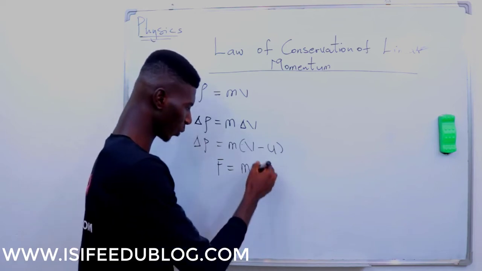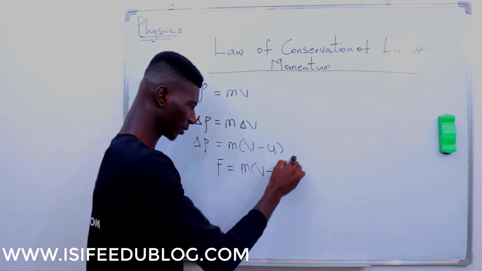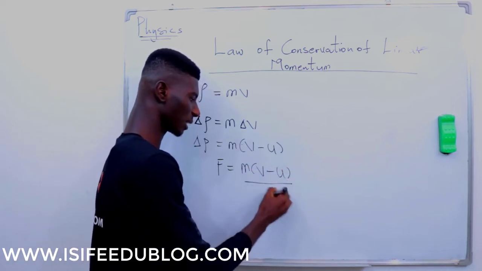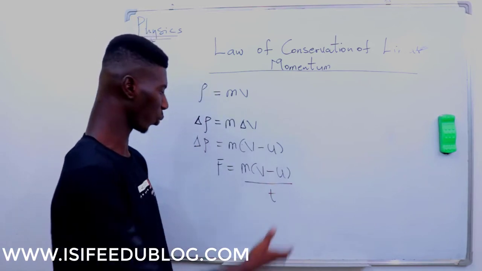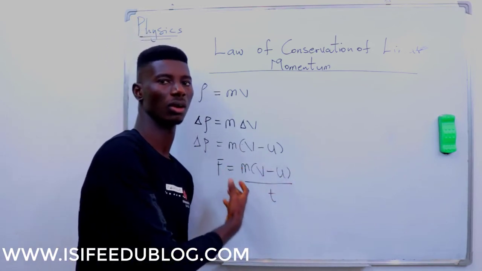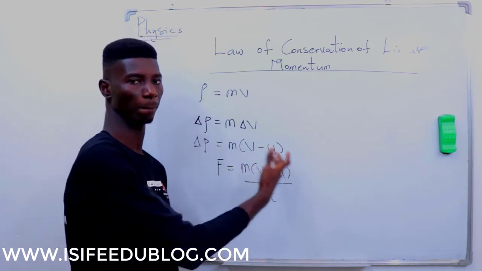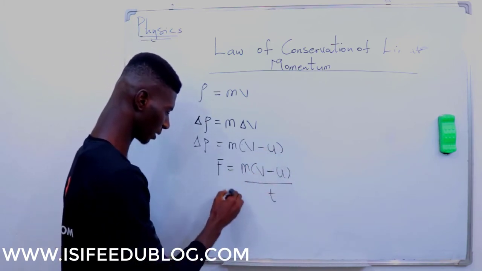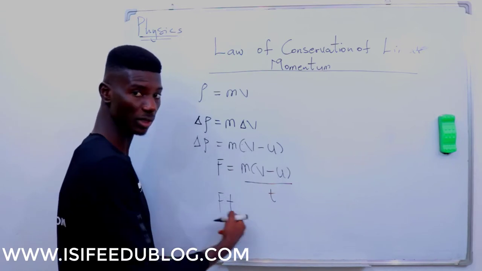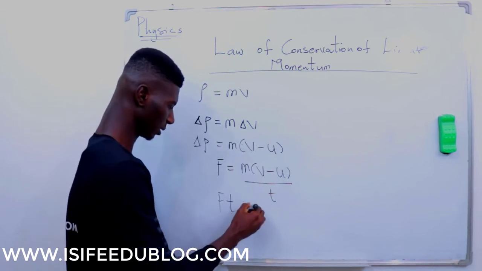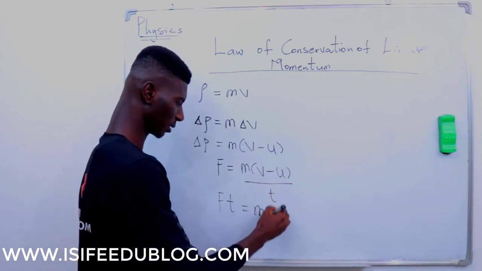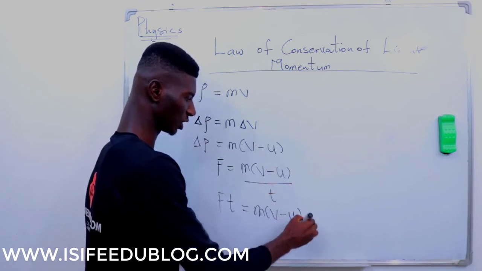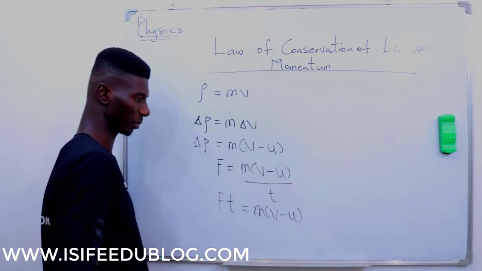So the force is equal to the change we have over the little time this happened. This is what the second law of Newton is stating, the rate of change. So when you cross multiply, you have that Ft, force times the short interval, is equal to the mass times change in velocity. Be very careful.